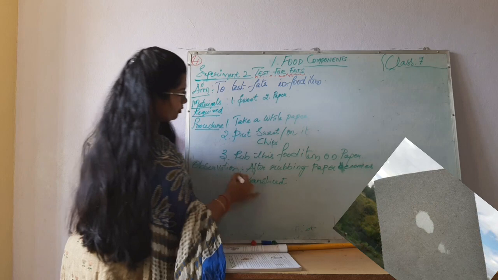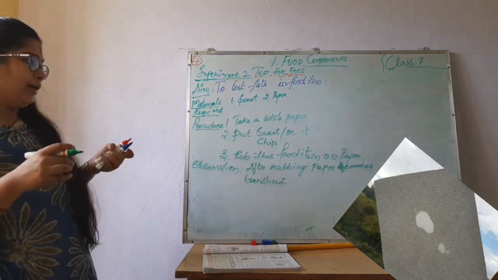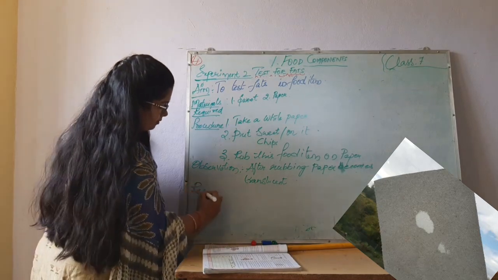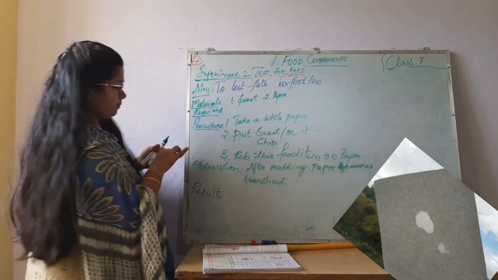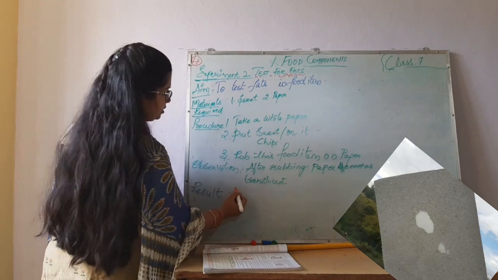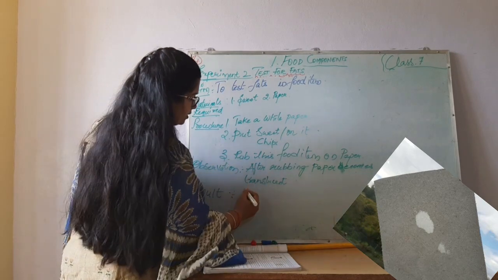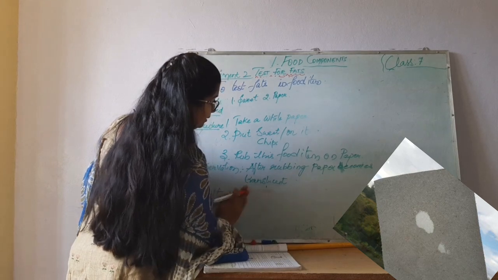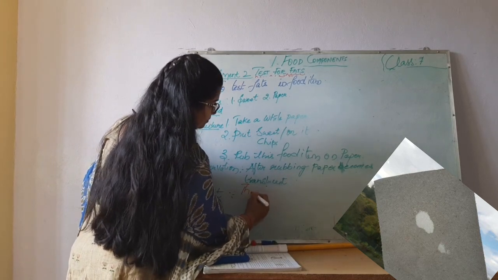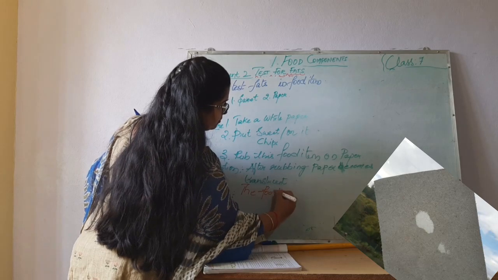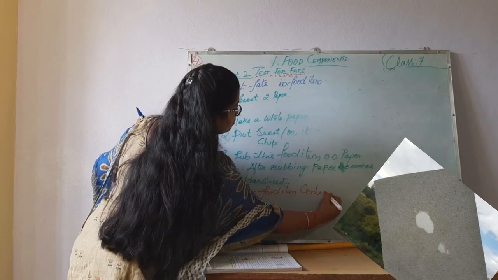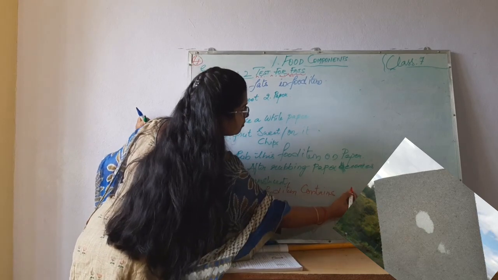It does not allow light totally, but it allows it partially. And the result: the paper has turned transparent, so the food item contains oil, fat, in it.